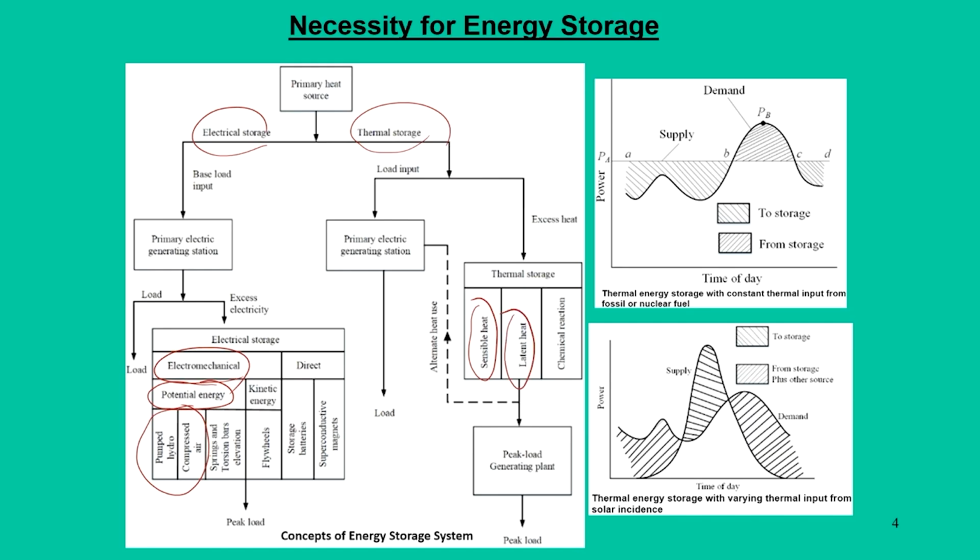In any case, the primary plant operates at base load, and whether it is electrical mode or thermal mode, the peak load plant has to cater to the need of the user at the time of demand.